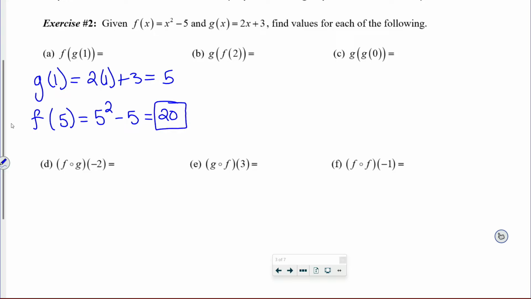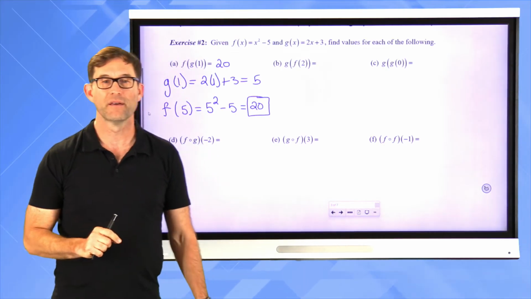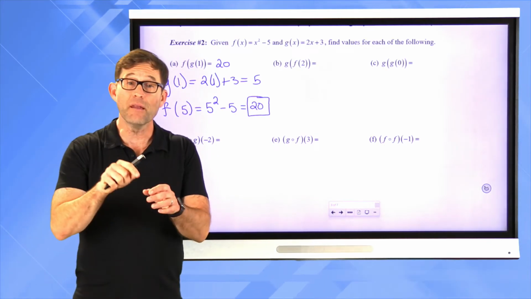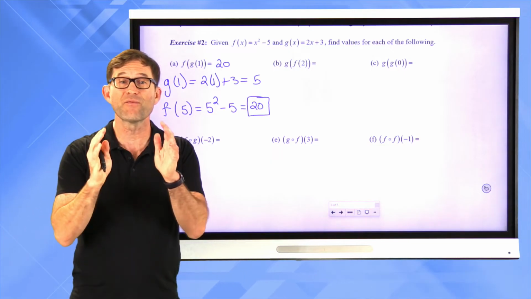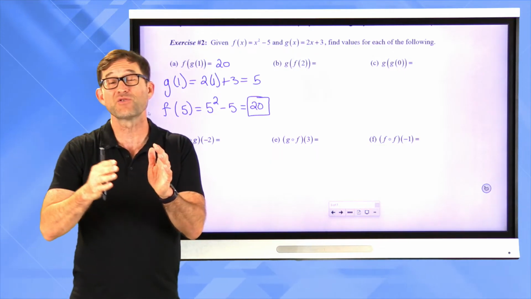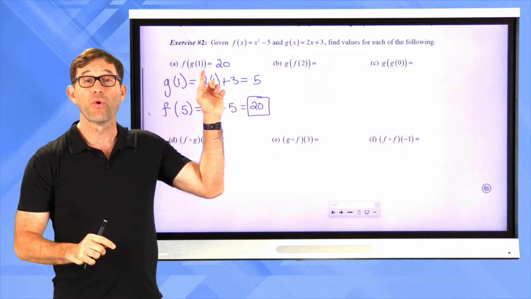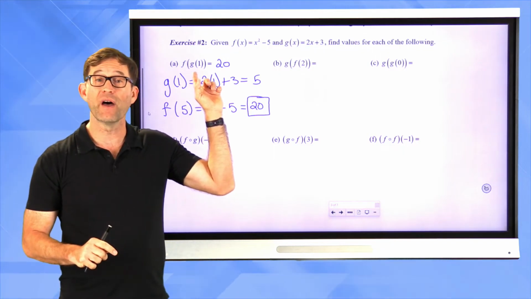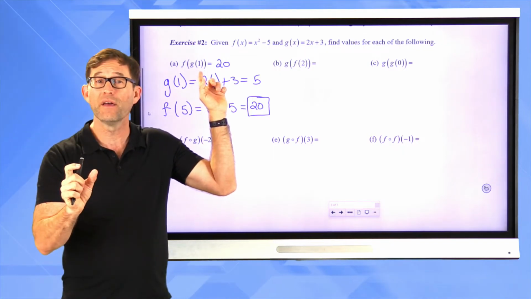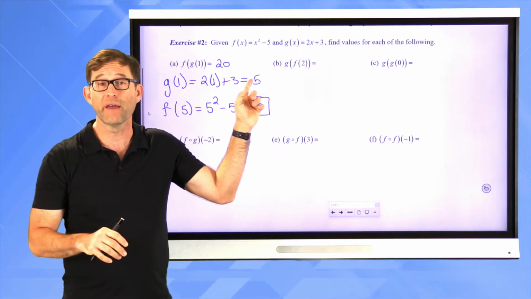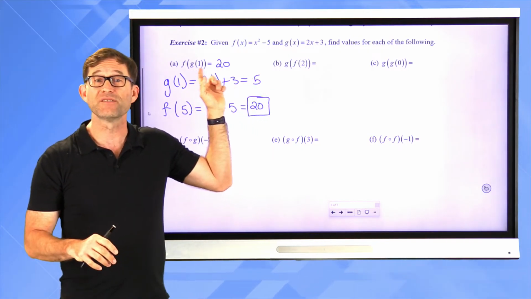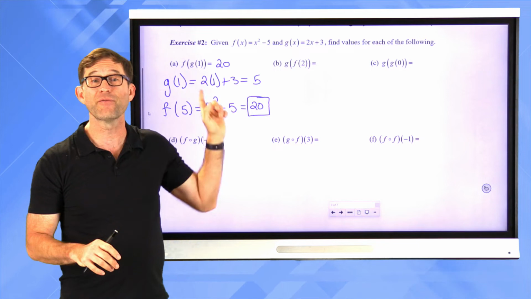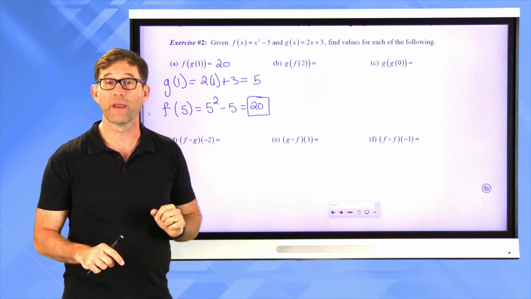All right, so at the end of the day, f of g of 1 is 20. And it's kind of cool because the input of any function just sits inside of those parentheses that's right beside the function. So the 1 sits right beside g of x, so g of 1 has a value, it's 5. And then 5 sits inside of the parentheses right beside f, and f of 5 is 20.